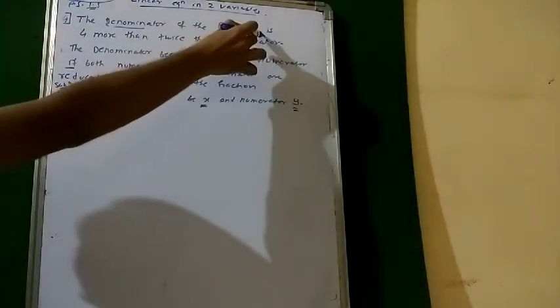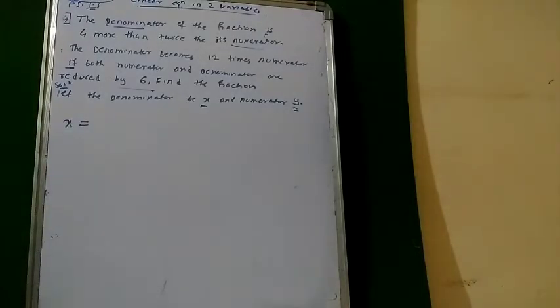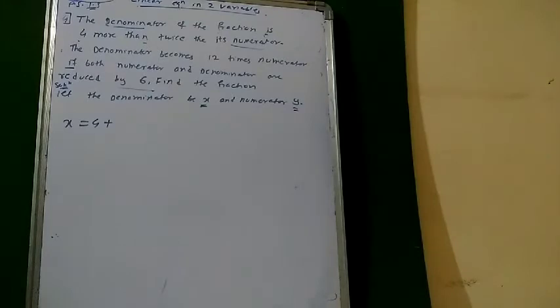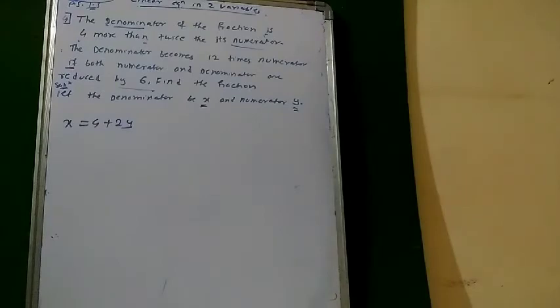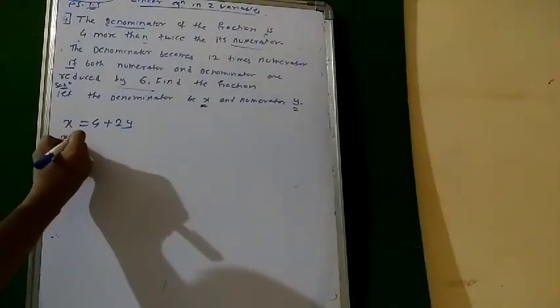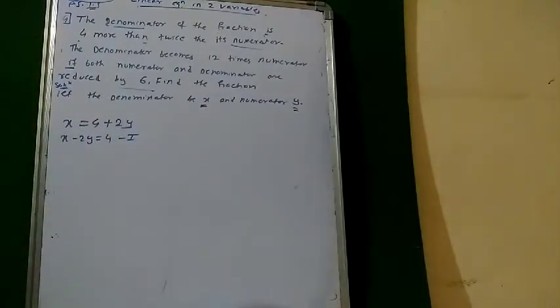Denominator of the fraction is means equal to sign. That is, x is 4 more, meaning addition, 4 more than twice the numerator. Twice the numerator means 2 times y. So this will come this side: x minus 2y is equal to 4. This is equation number 1.